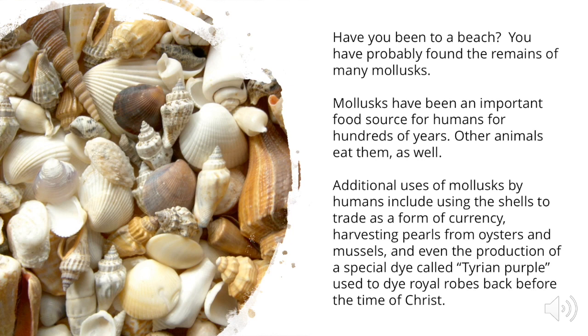Additional uses of mollusks by humans include using the shells to trade as a form of currency, harvesting pearls from oysters and mussels, and even the production of a special dye called Tyrian purple, used to dye royal robes back before the time of Christ. That's pretty neat to think, huh?